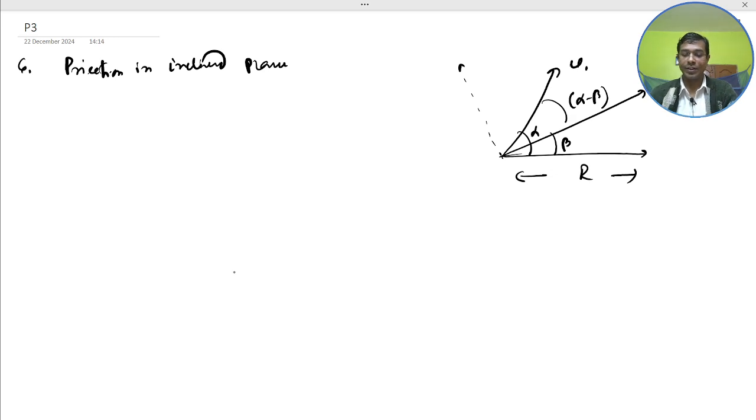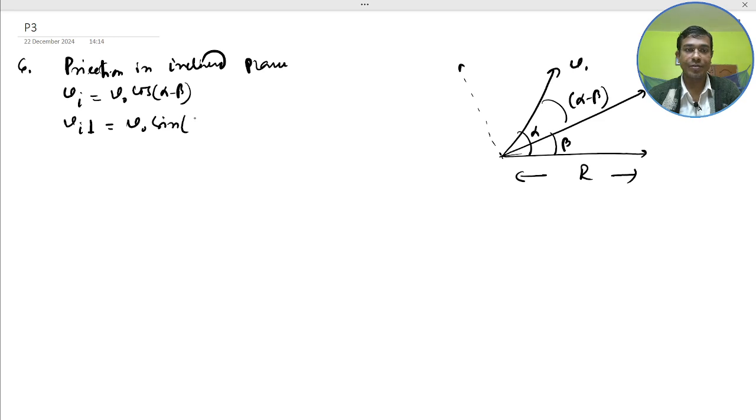So here the initial velocity along the inclined plane, the Vi, is basically V naught cos of the angle alpha minus beta. Initial velocity along the perpendicular direction is V naught sin of alpha minus beta.